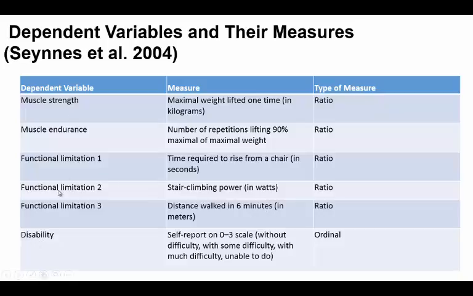Another variable is disability, and they did the disability on a self-report, which means the person fills out a form on a 0 to 3 scale: without difficulty, with some difficulty, with much difficulty, or unable to do. So the self-report is from 0 to 3, so it's 4 options.